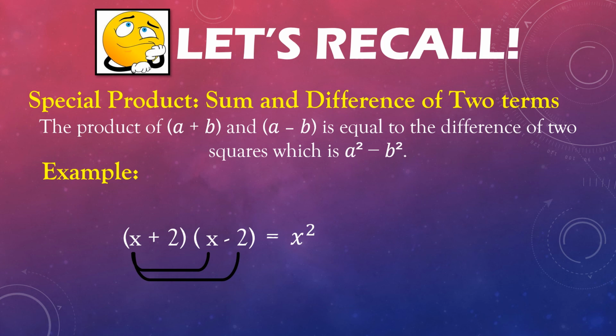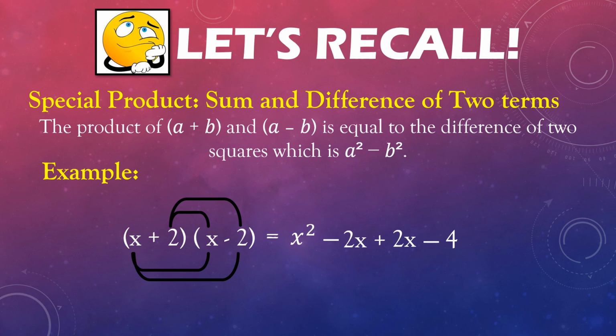X times 2 is equal to, copy the sign, and then 2x. 2 times x is equal to, copy the sign, plus, and then 2x. 2 times 2 is equal to, the sign is minus 4.